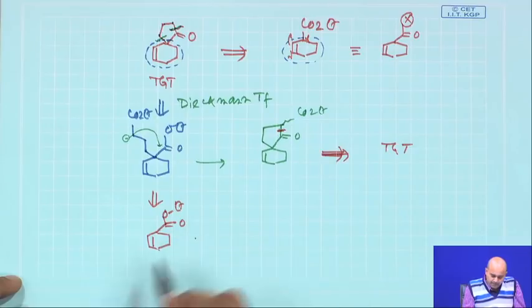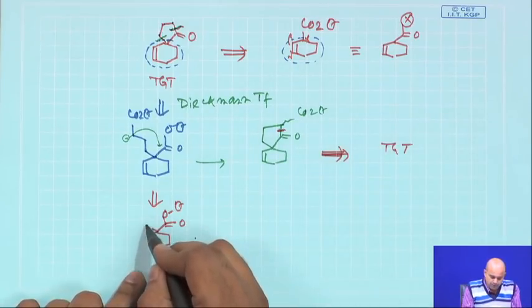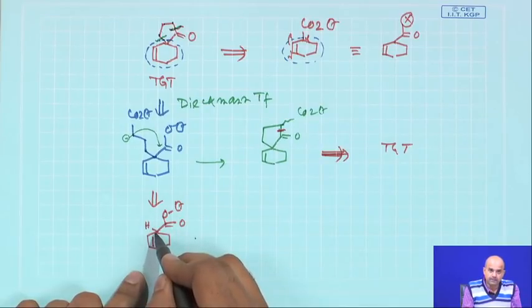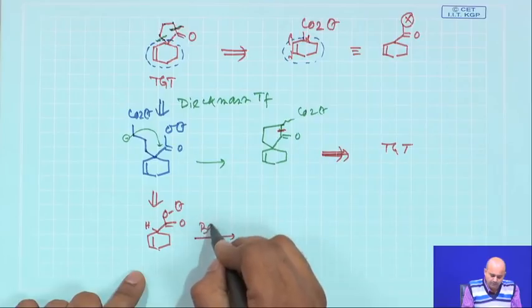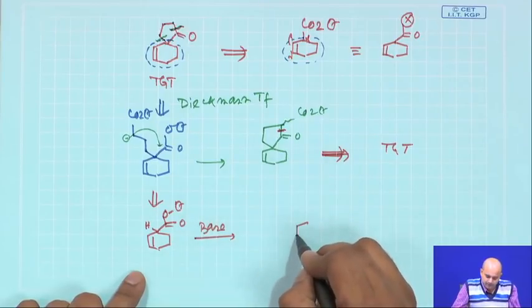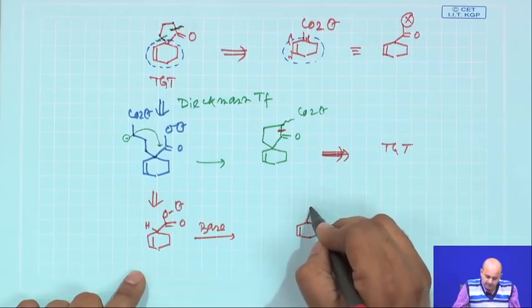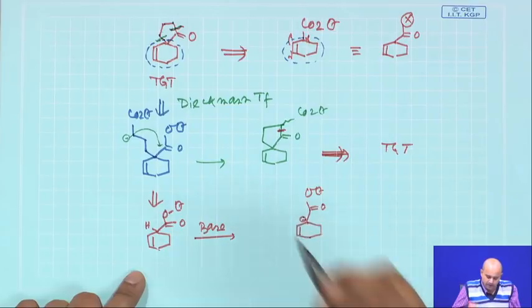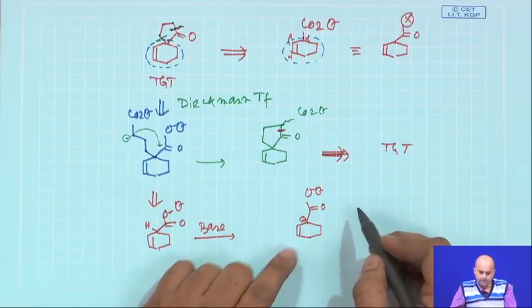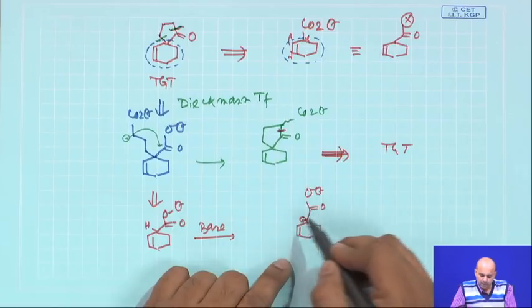We said that this compound, the starting material, is an allylic ester, which means that these hydrogens are acidic enough. So, if you treat this compound with a base, you will get an enolate of this carbonyl. Now, this enolate is extremely stabilized, because it is linked with the allylic system as well as this carbonyl.